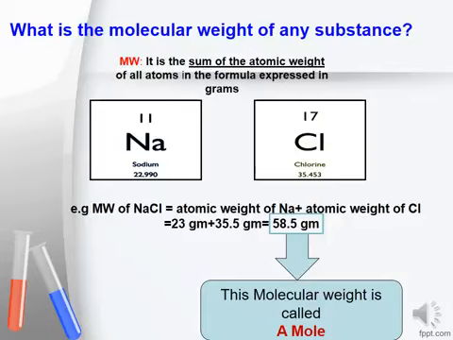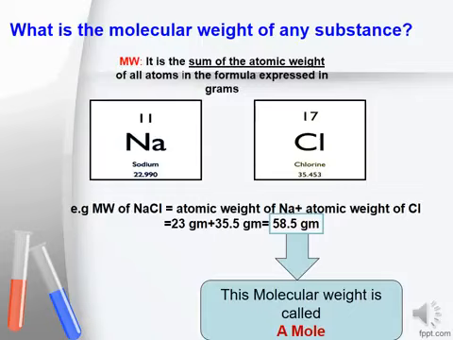The atomic weight of sodium is 23. What about the atomic weight of chlorine? The atomic weight of chlorine is 35.5. So, the molecular weight of sodium chloride will be 23, which is the atomic weight of sodium, plus 35.5, which is the atomic weight of chlorine.